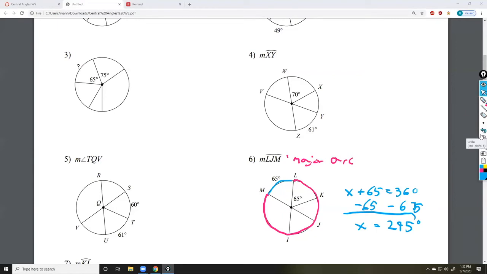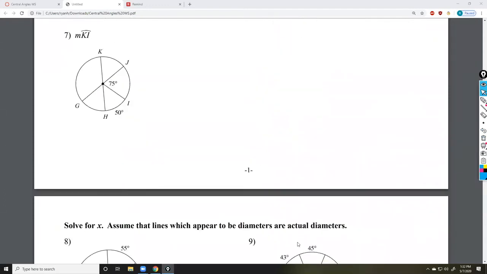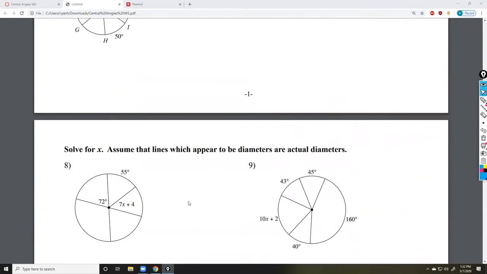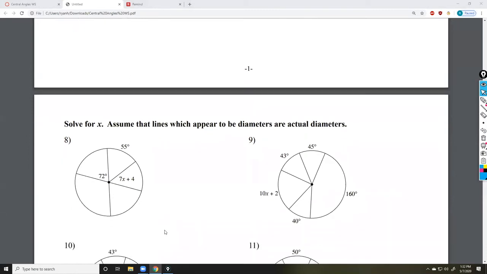Now I'm going to pause here to see if we have any questions. And while I'm doing that, I want you to look at numbers 8 and 9 and see if you can figure out which piece of information is going to help us and how we're going to set up the equation.